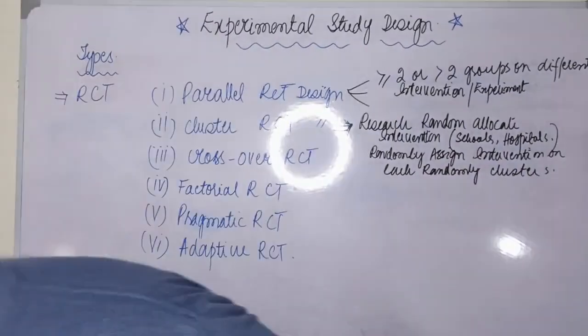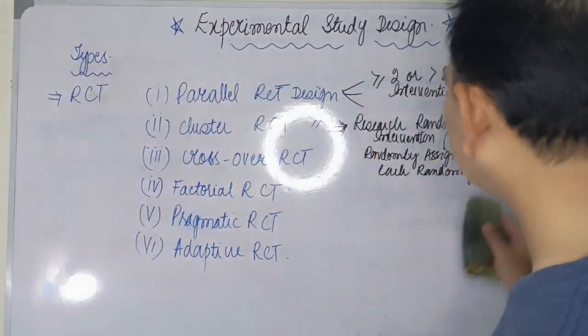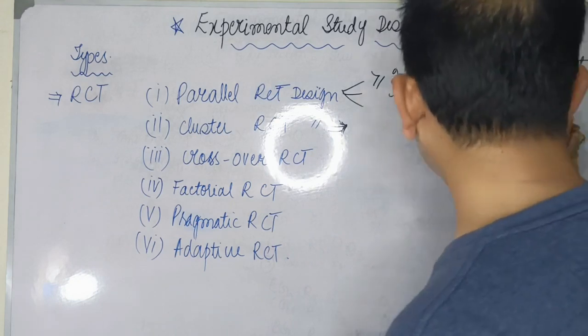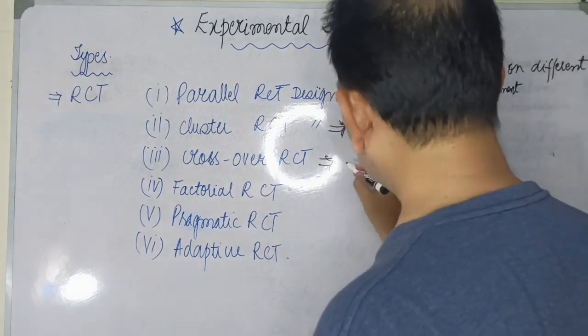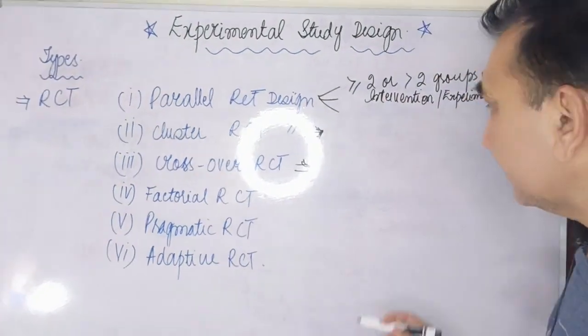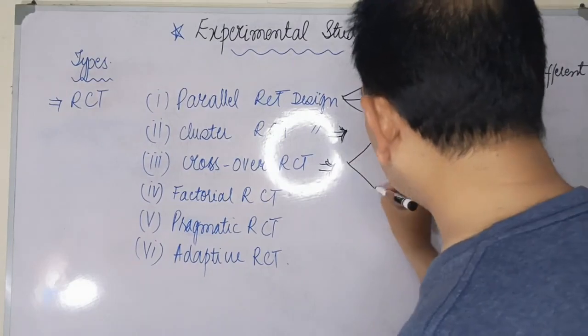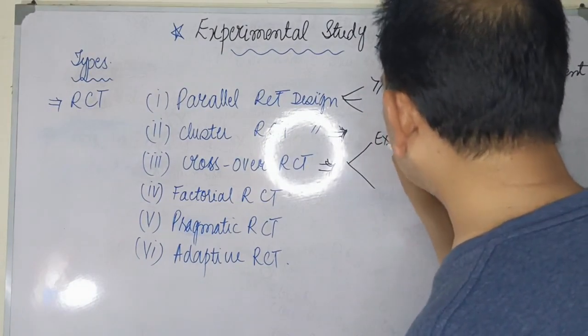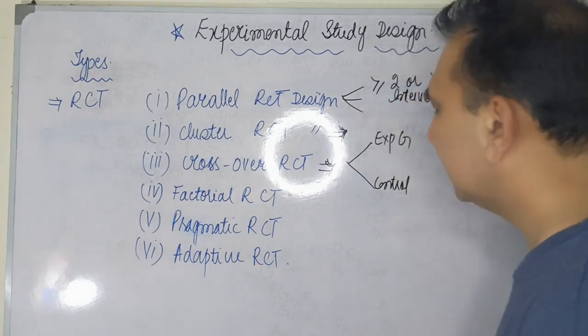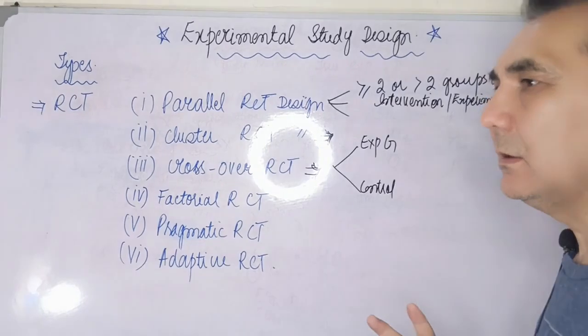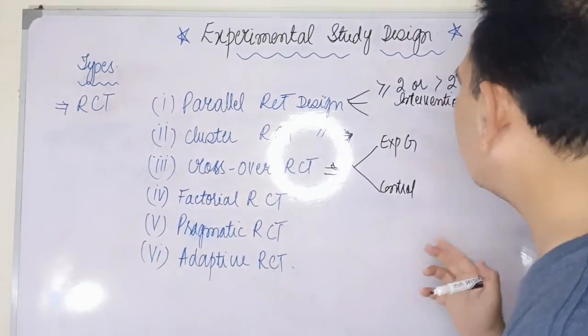Now the third type of the RCT is called the crossover. In the crossover, the researcher randomly allocates the experiment group and the control group. Suppose he sees the effectiveness of two drugs.